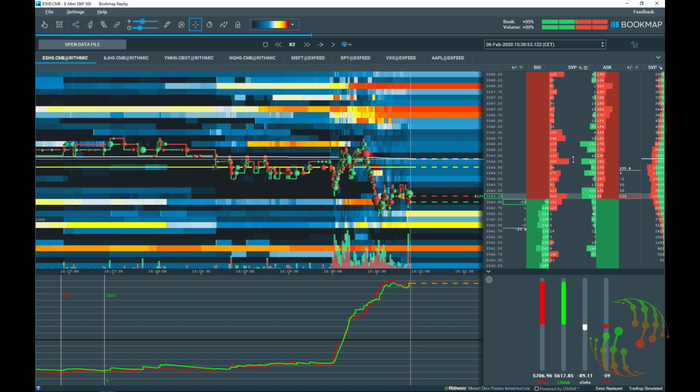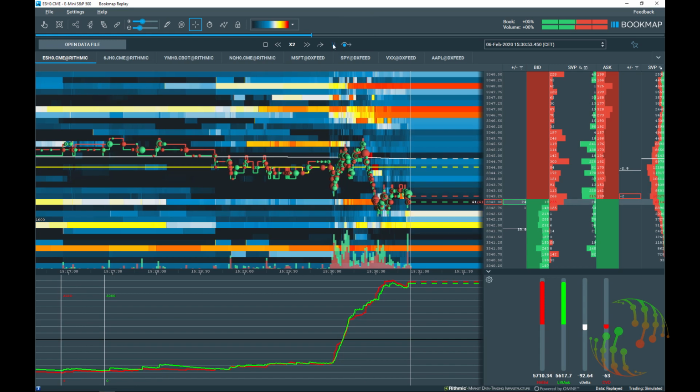But what we as retail traders can see and use, this free information, is that the ask side in the limit order book is adding. That could be a nice indication that they are showing resistance at those levels here.